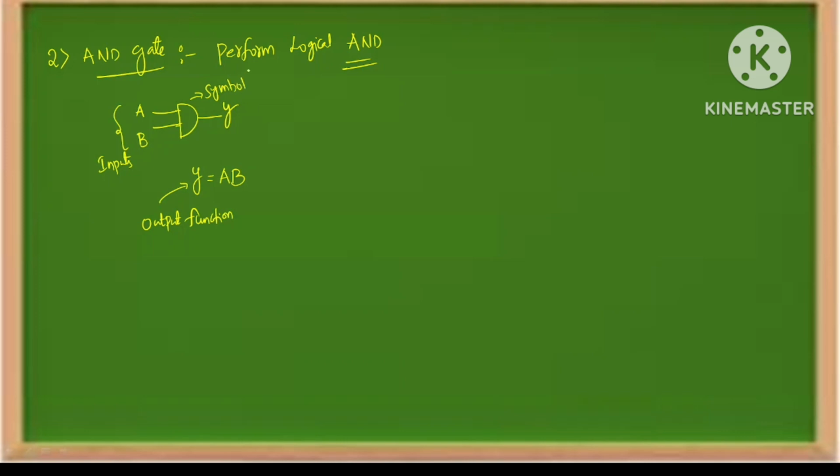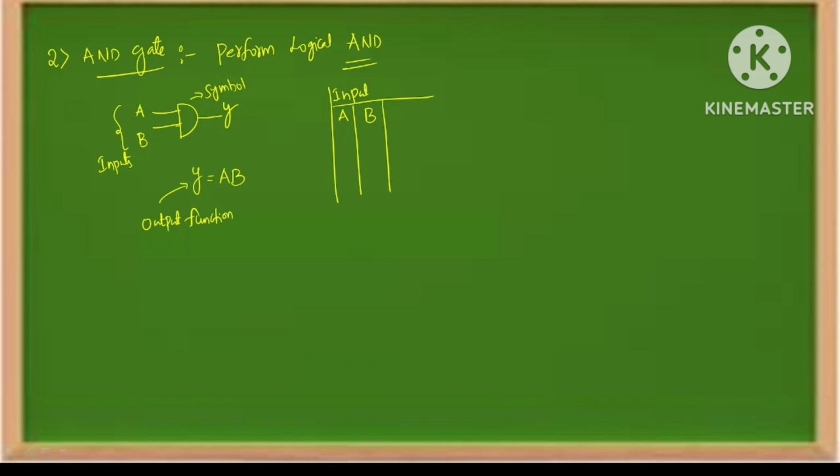Now based upon this output function, we can frame the truth table. You can understand a lot of things from the truth table especially. If I want to draw the truth table, first I need to know what the inputs are.